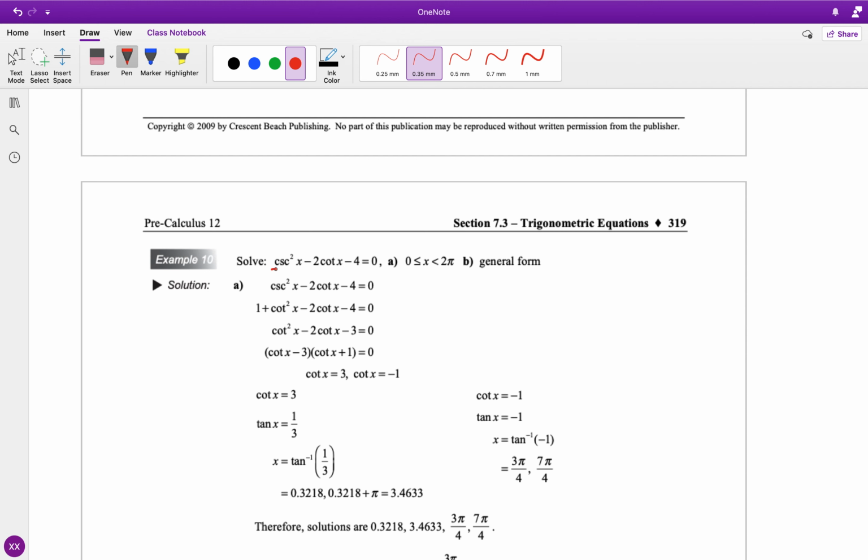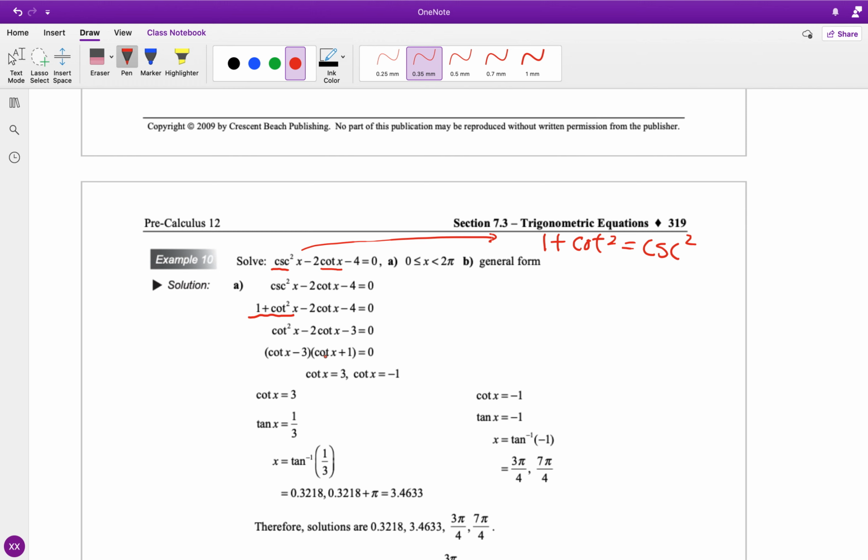As soon as you see cosecant and cotangent, you should think about the property that 1 plus cotangent squared equals cosecant squared. This property, I think it's number 8, the basic fundamental trig identity.